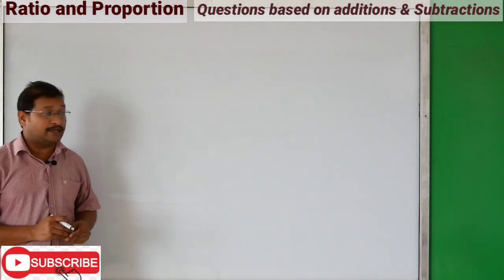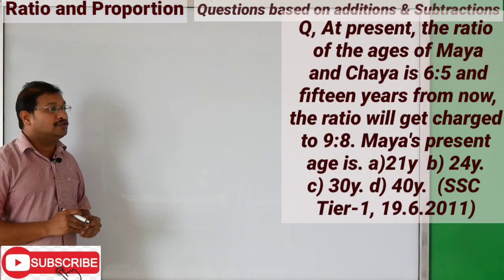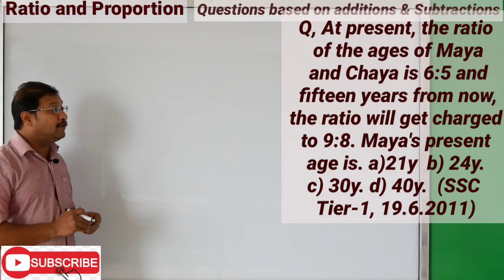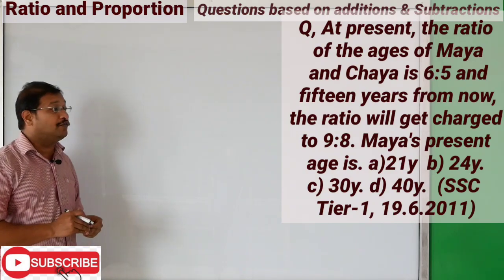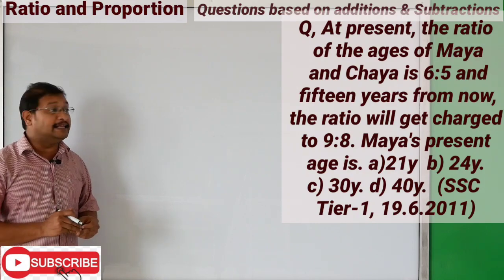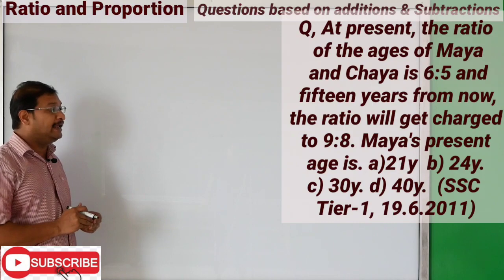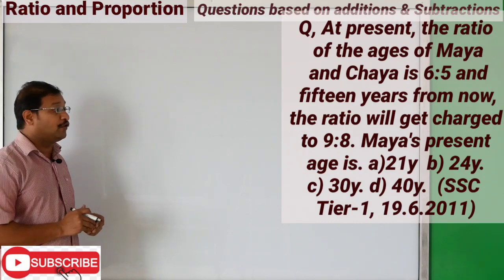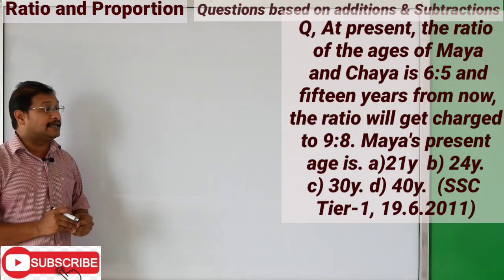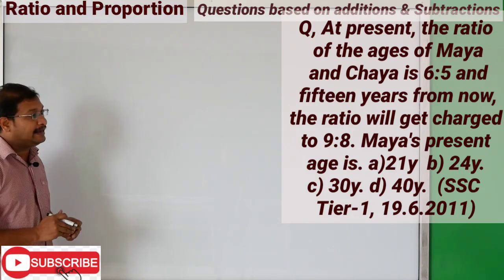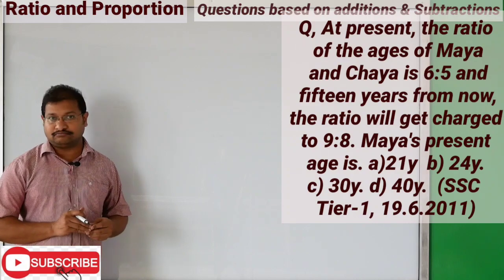Okay, I'll read the next question. At present, the ratio of the ages of Maya and Chaya is 6 is to 5, and 15 years from now, the ratio will change to 9 is to 8. Maya's present age is: option A, 21 years, B, 24 years, C, 30 years, and D, 40 years. It came in SSC Tier-1, 19/6/2011. Ready?